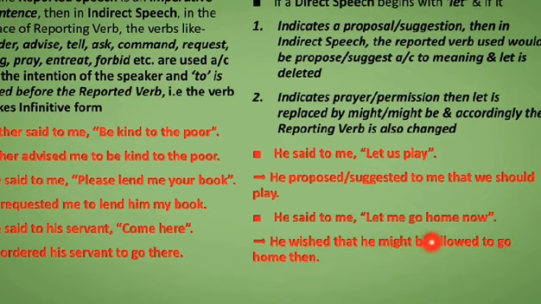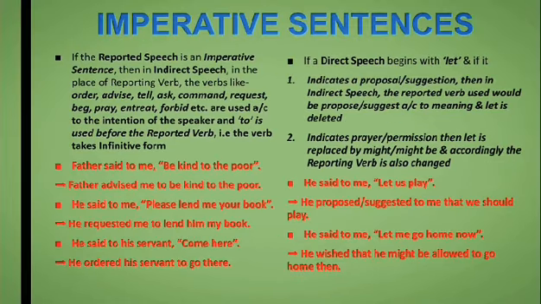Might be allowed to go home, now changes to then. I hope this part is clear to you, and if you have any doubt, you can try to practice the sentences yourself. While we will be trying to change the sentences yourself, you will understand this.